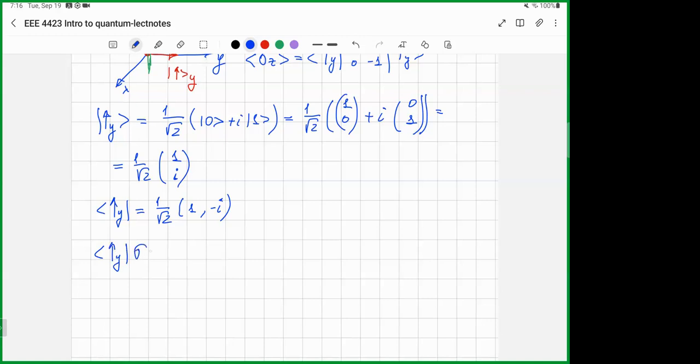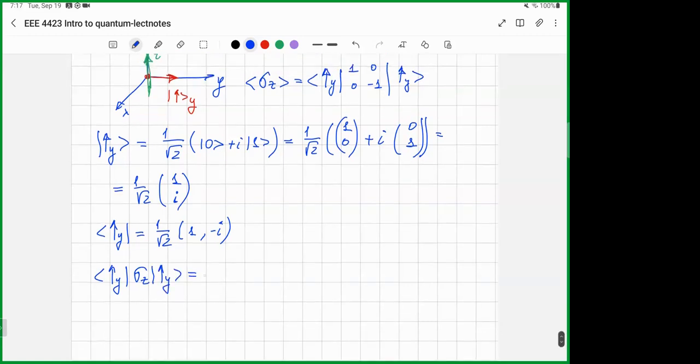All right, and now I write the expectation value formula again. For the bra, I get 1 over square root of 2, 1 minus i. Then the sigma z matrix 1, 0, 0, minus 1. And finally for the ket, I get 1, i. And 1 over square root of 2 taken twice gives 1 over 2.